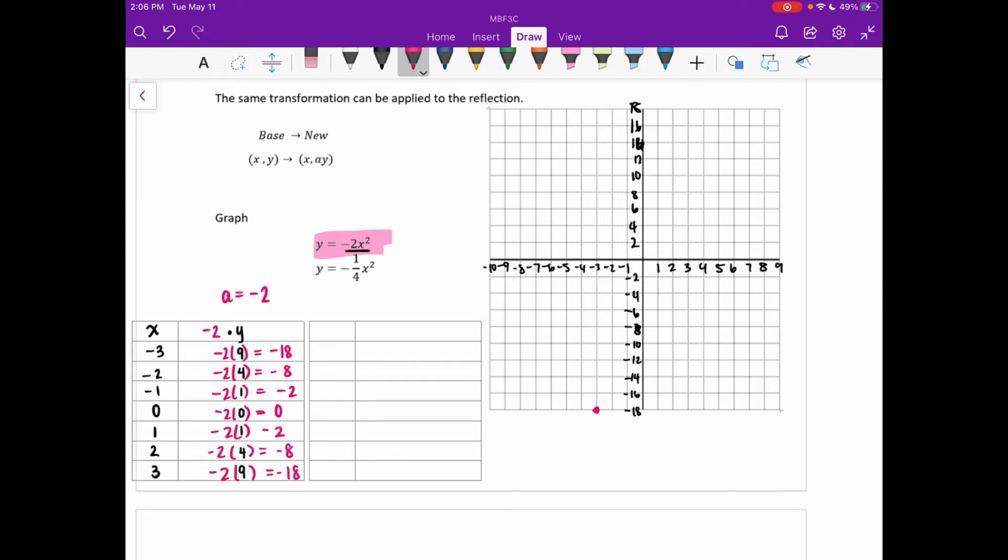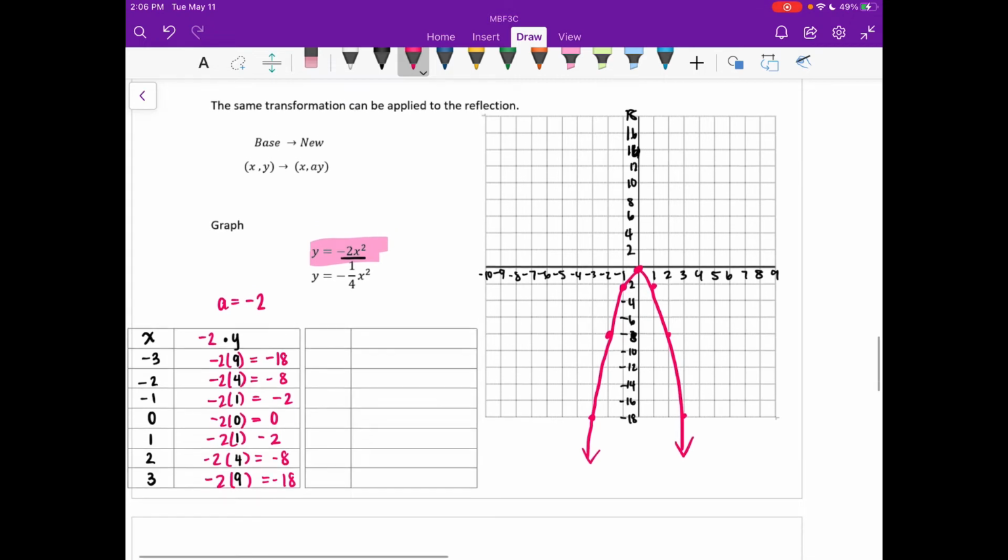Negative 8 is at negative 2. So we're going to go negative 2, negative 8. Negative 1 goes to negative 2, and then 0, 0. Same thing on the other side, right? So my parabola looks something like this. So I can just do vertical stretches and reflections at the same time, right?